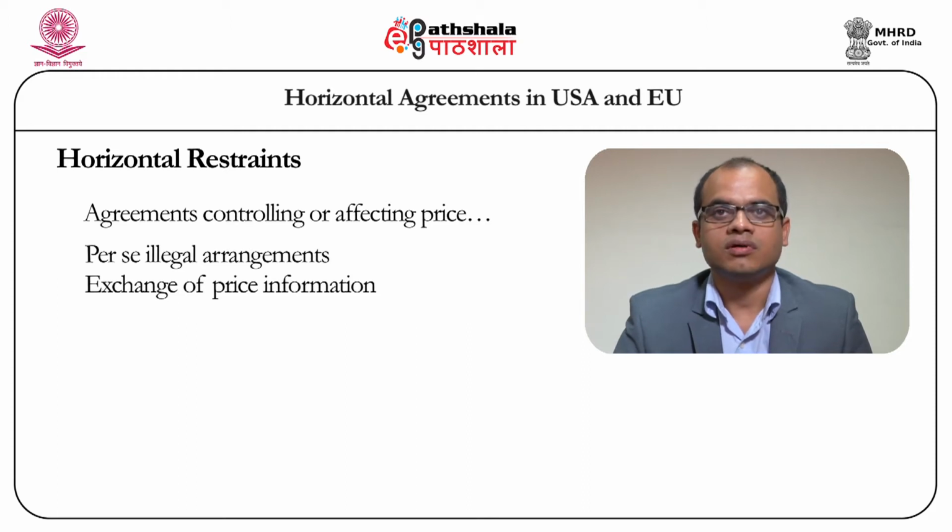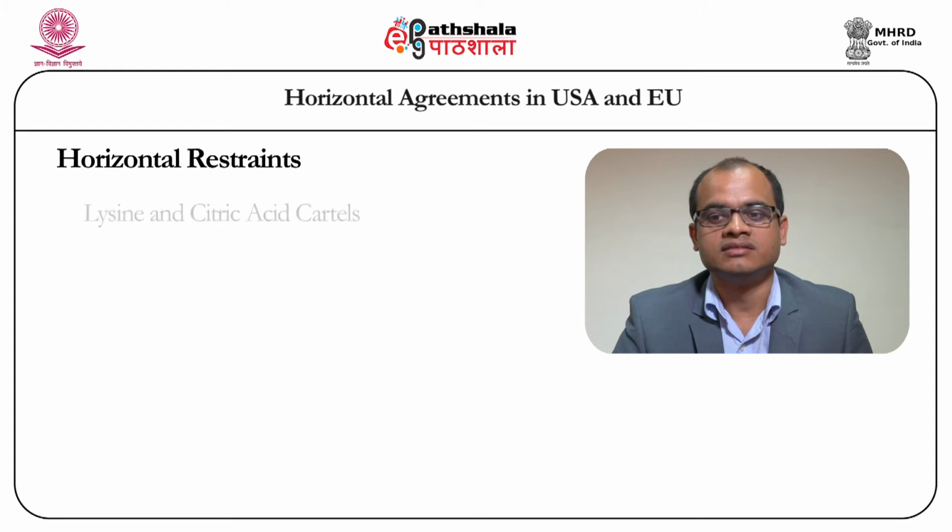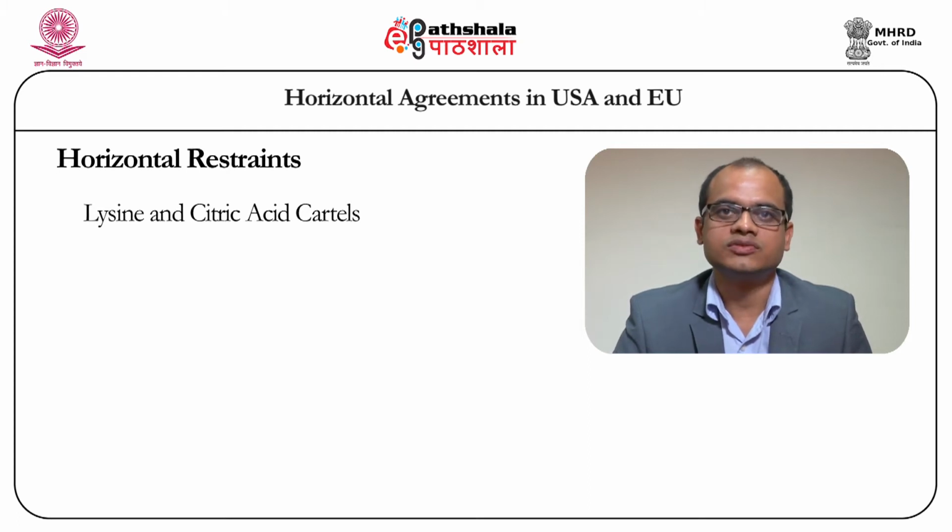An example of such agreements is the lysine and citric acid cartels. In this case, there was an international price fixing and volume allocation agreement among the world's major producers of lysine, a feed additive used by farmers for livestock feeds. This was an international agreement, and it affected a large number of nations.